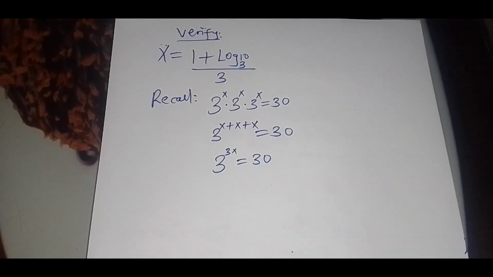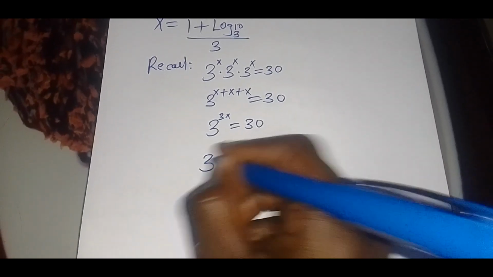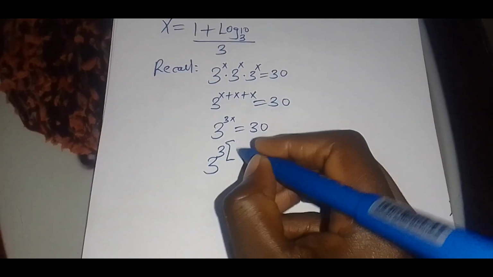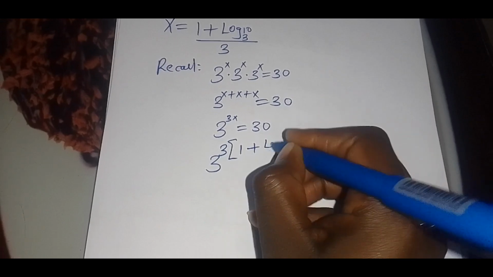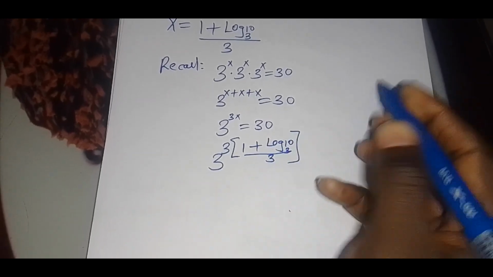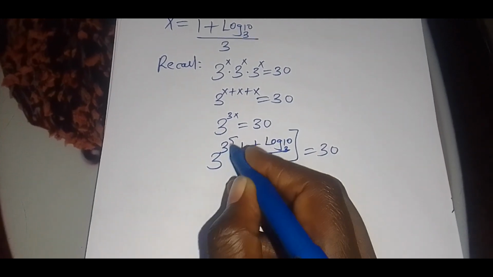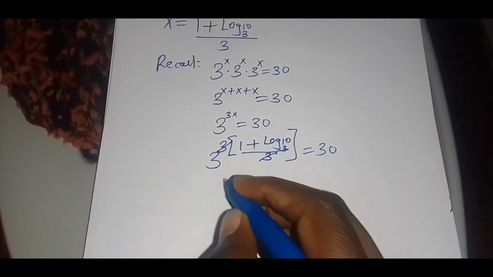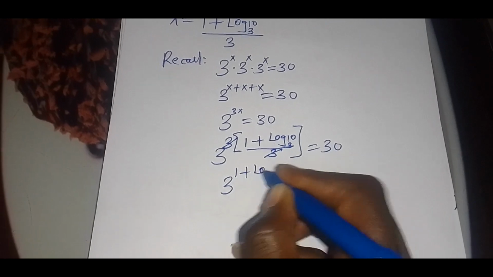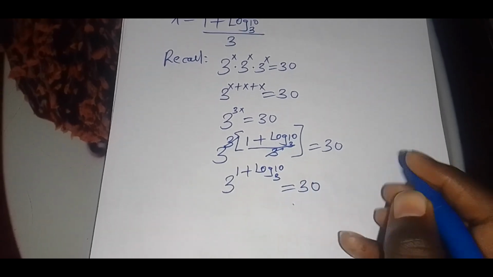So we substitute the value of x: 3 raised to power 3 times the bracket of 1 plus log 10 to base 3 divided by 3. The 3 and 3 simplify, so we have 3 raised to power 1 plus log 10 to base 3. This is supposed to give us 30.